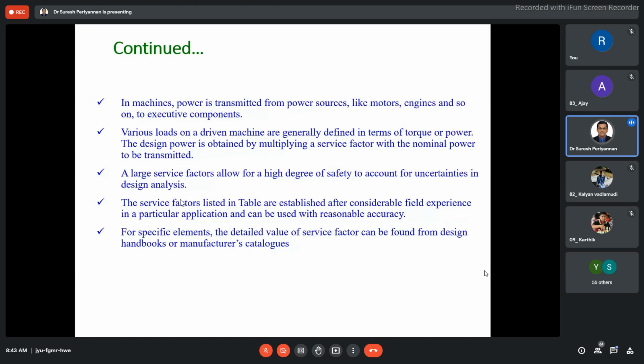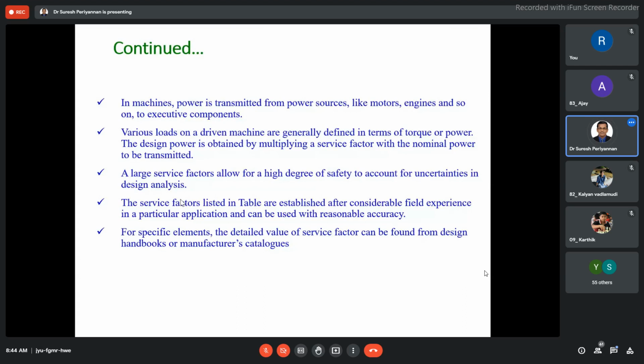the design data book. Okay, the large service factors allow for a high degree of safety, to account for uncertainties in the design analysis. For complex structure of the components, we have to give more service factor. Suppose our nominal power transmission is 5 kilowatt, then the service factor we consider is 2, so 2 into 5, 10 kilowatt.